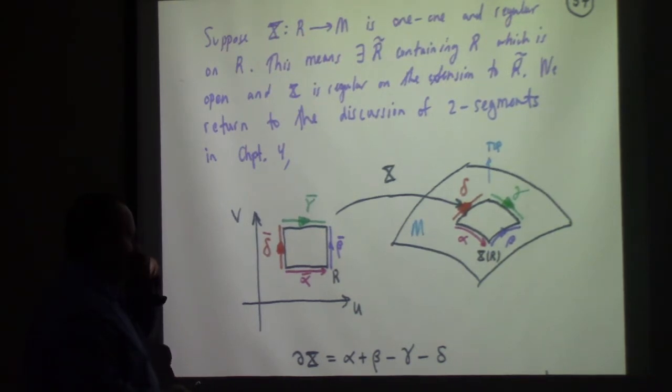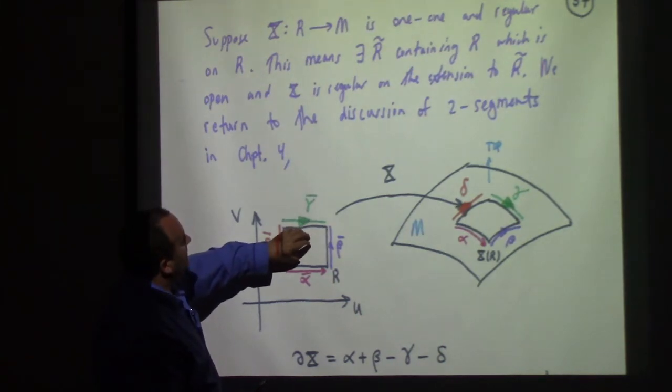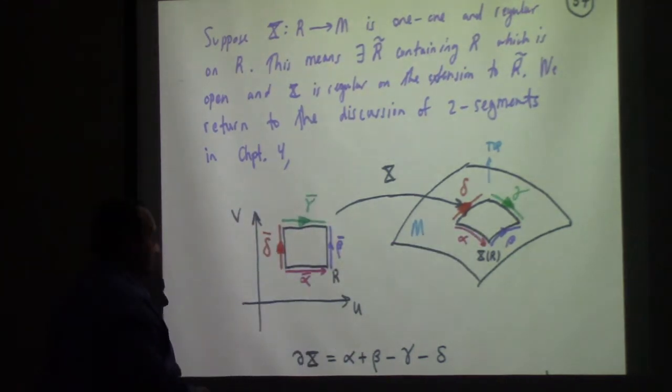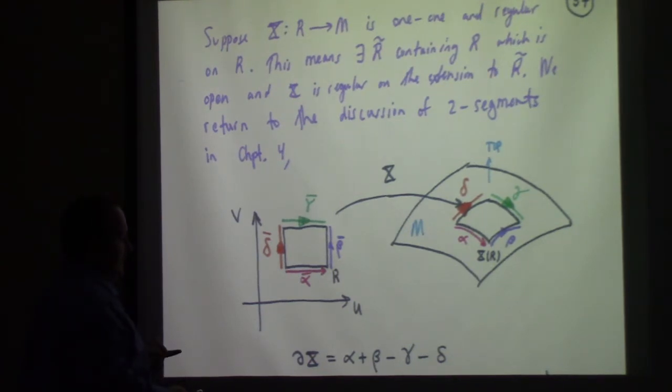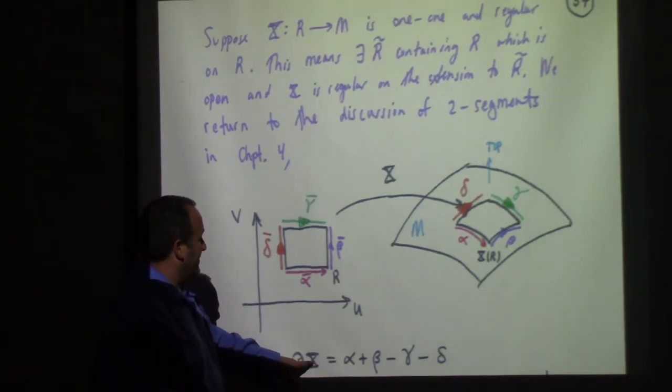But this rectangle, R, maps up to x of r over here. All right? And he says, and this is a slight abuse, I would say that this is the boundary. It's really the boundary of x of r.